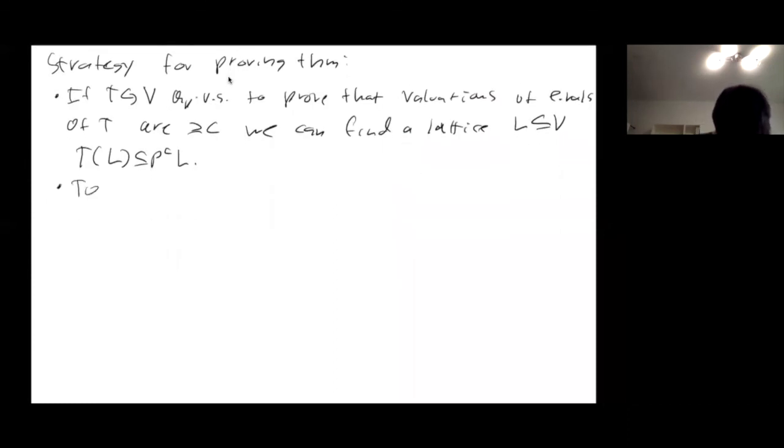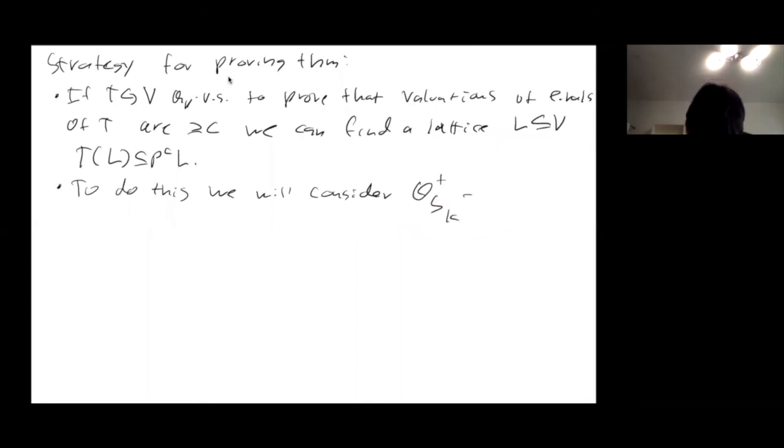And so we need to find somehow a lattice in these overconvergent cohomologies. So to do this, we will consider, first of all, lattices in the sheaves that we're taking cohomologies of. So some kind of O_K^+ subsheaf V_kappa^+ inside V_kappa, which is somehow an integral structure on the sheaf.